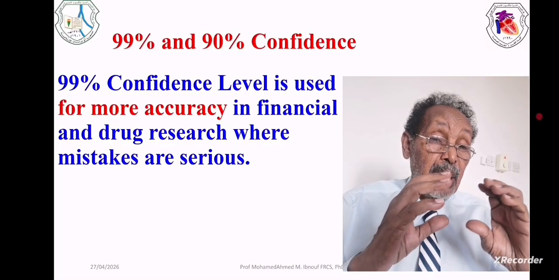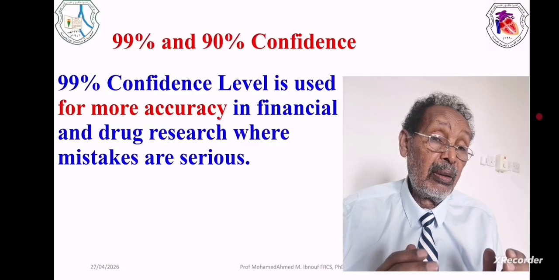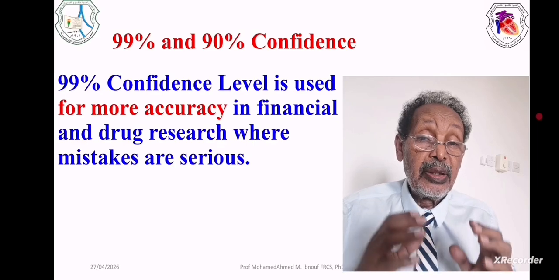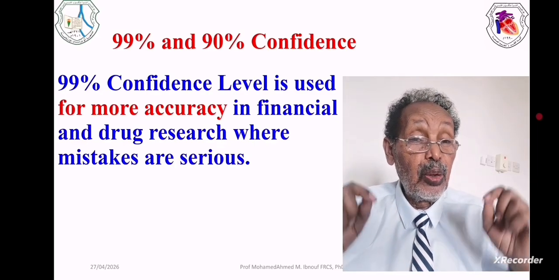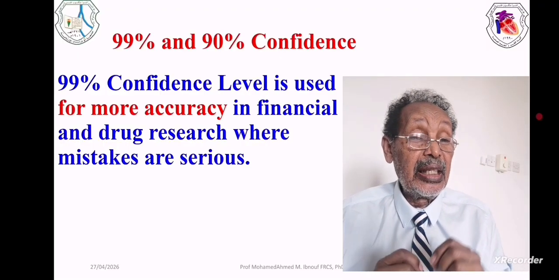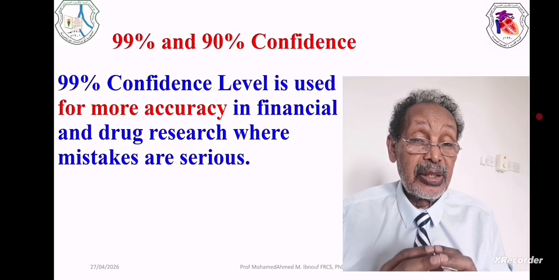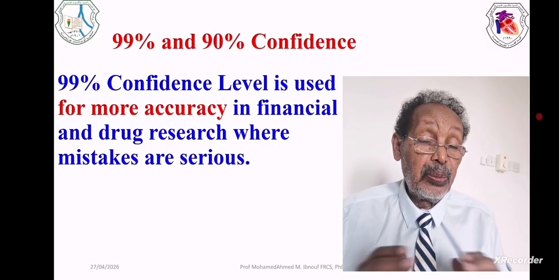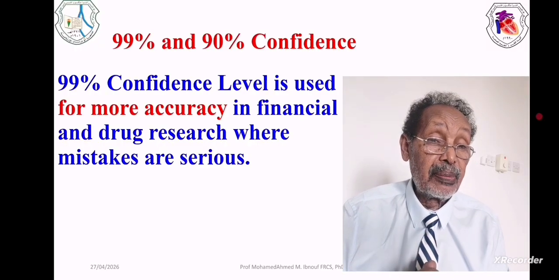So the 99% confidence level is used for more accuracy, more precision, as in financial and drug research. In financial and drug research, we do not want to make any mistake. Any mistake will carry bad or serious consequences.